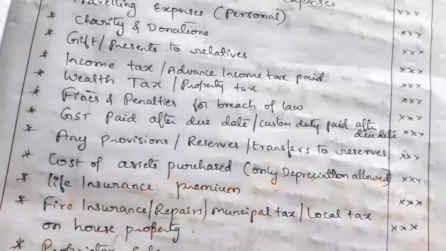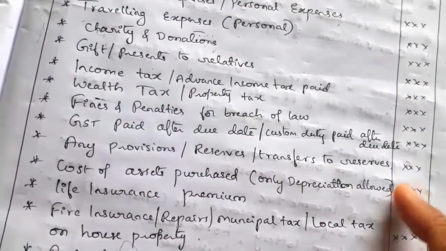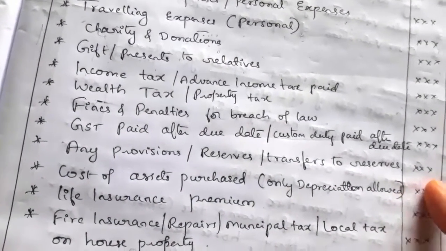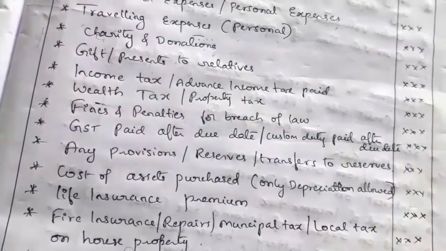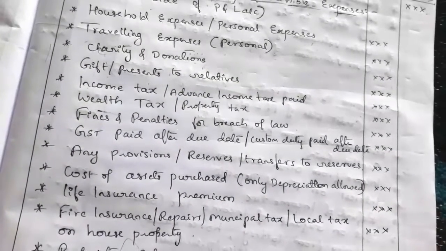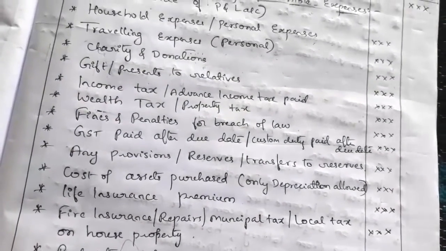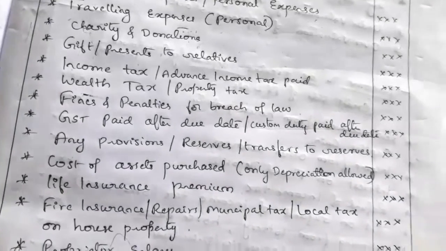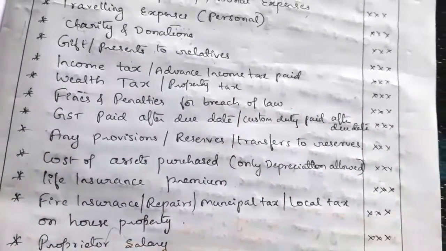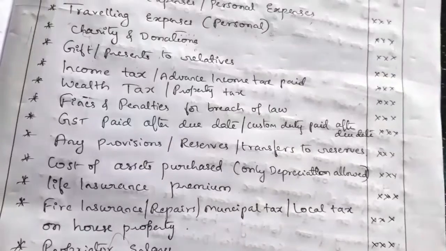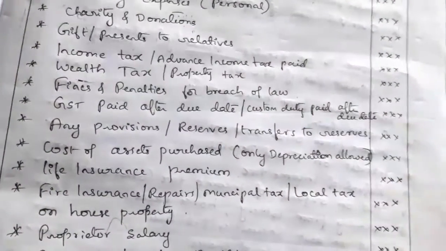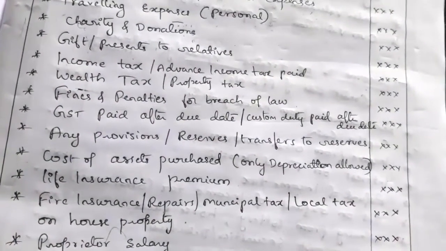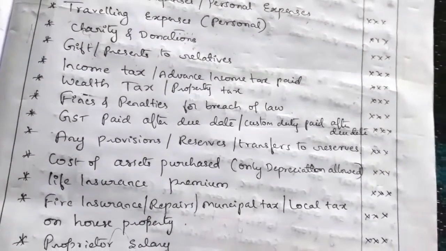Then if any provisions, reserves or transfers to reserves are maintained, if a business has maintained any provisions, reserves or any amount transferred to reserve, then those are not business related expenses. They have kept some of the amount from the profit. It is not a business related expense, so it is disallowed.